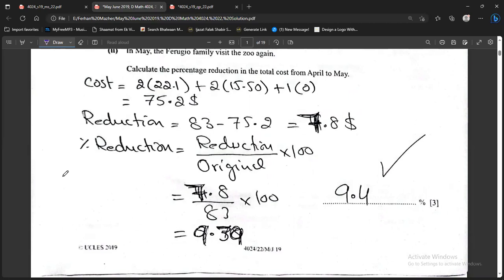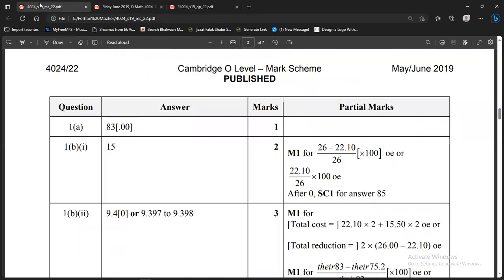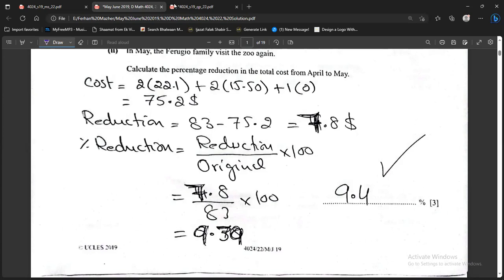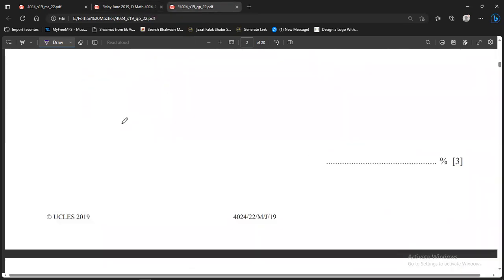Now it is $75.2. Now the difference is $7.8. Percentage reduction will be reduction divided by the original multiply 100. So it will be 7.8 divided by 83 multiply 100. That will be 9.39, which is 9.4%. 9.4% is the right answer, sir. This is the solution.